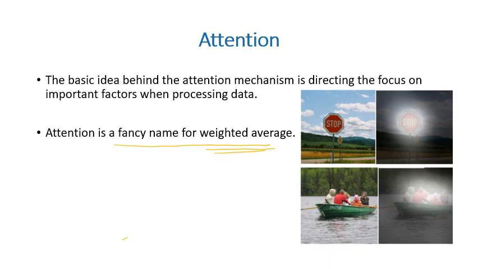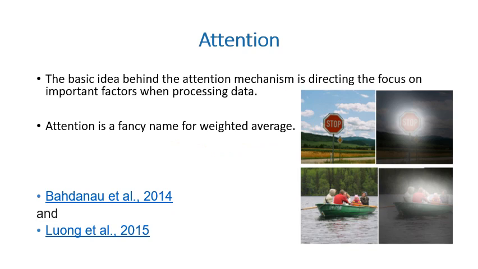You can see that I can generate this image from this image by taking a weighted average of all pixels, giving more weight to the pixels in this area and less weight to pixels in any other part. So attention is basically weighted average. Have this in mind up to the end of this lecture.